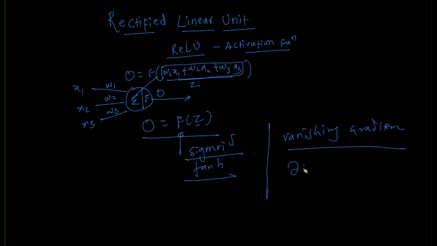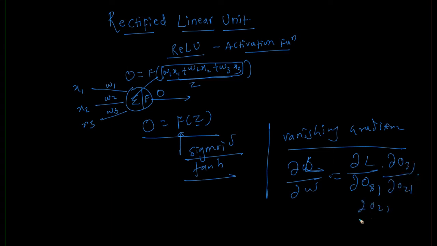For example, in order to compute the derivative of loss with respect to some weight, we take the derivative of loss with respect to some output, let's say O31, then the derivative of O31 with respect to O21, then the derivative of O21 with respect to O11, and O11 with respect to, let's say, W. Just an example here.